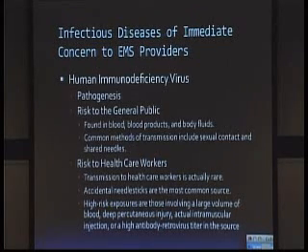So transmission to healthcare workers is fairly rare, but still does happen, most often because of accidental needle sticks. As we talked about before, the high-risk exposures for HIV are the ones that have a large volume of blood, a deep percutaneous injury, an actual IM injection, or someone who has a very high viral load as the source.